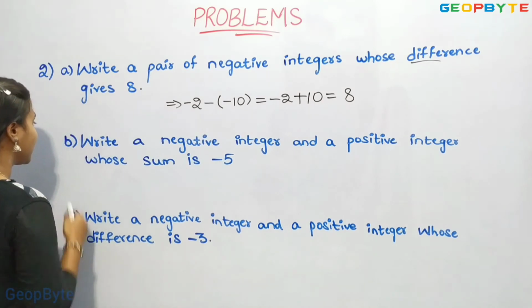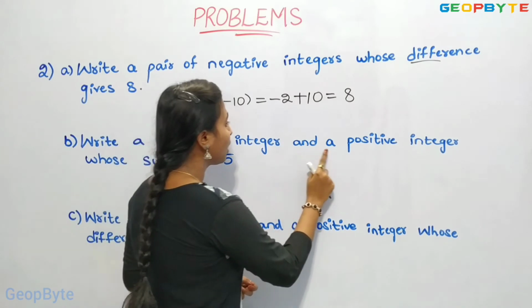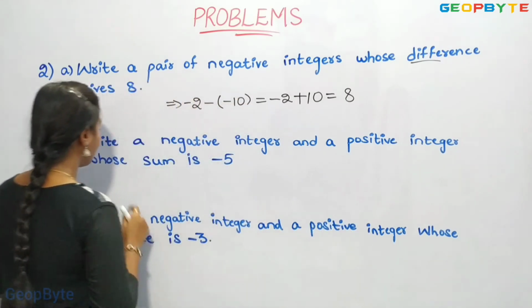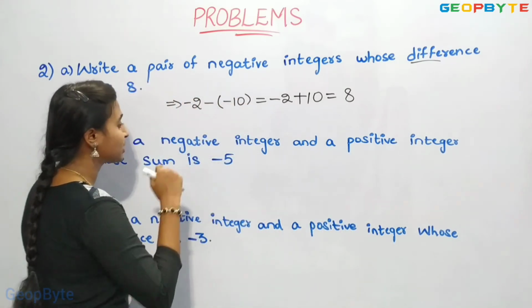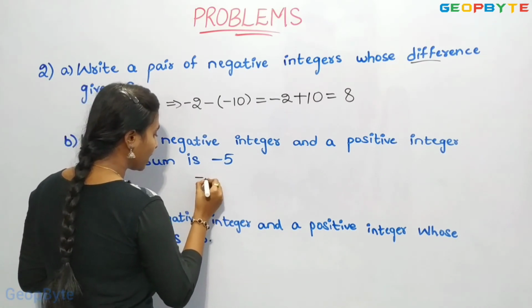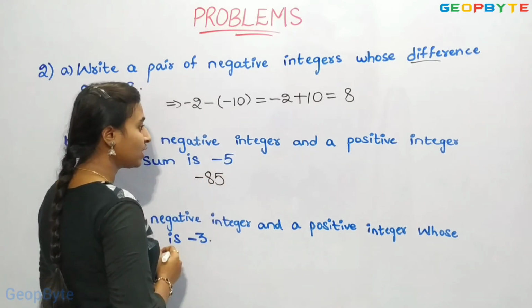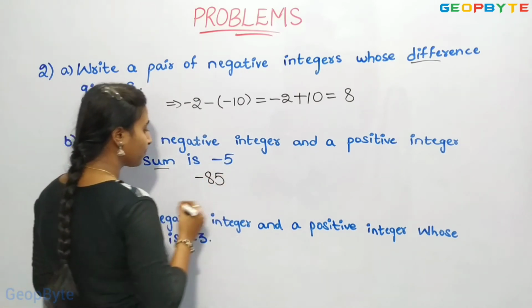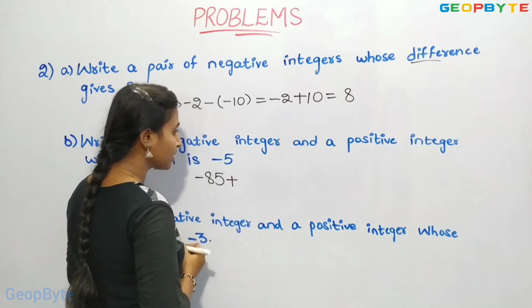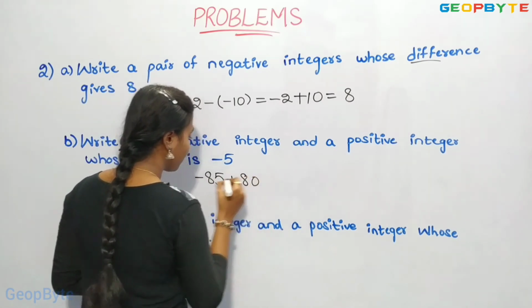Now let us see (b). Write a negative integer and a positive integer whose sum is minus 5. Let us take minus 85 as the negative integer and, sum, that is plus, the positive integer as 80.